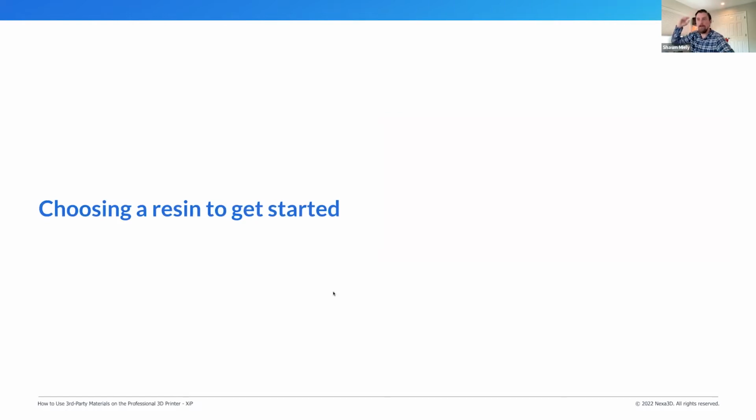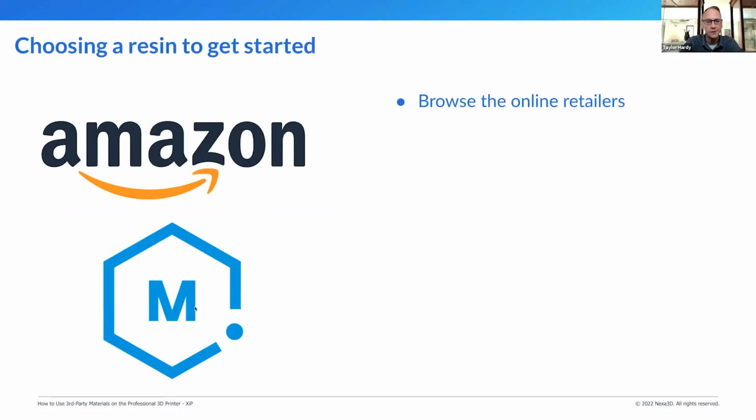Let's go through, take us through your process for choosing resin to get started, or I guess for the next project. Choosing resin really depends on the application that you're using, whatever you're designing, prototyping, or putting to market, whether or not you're having to piece something together in multiple parts, and you need to find out the tolerances and what industry and what kind of specific application you need.